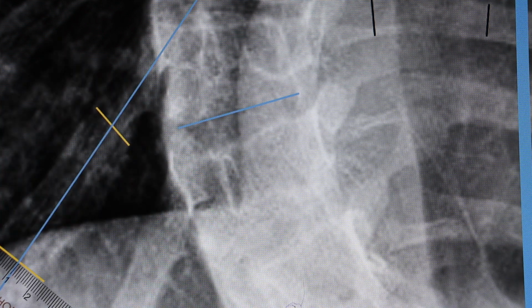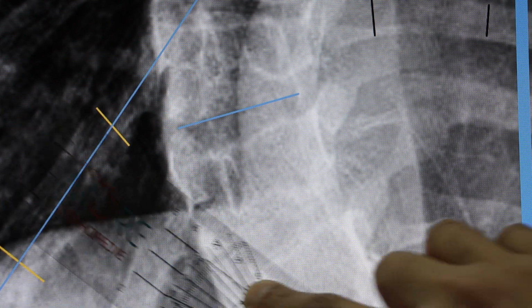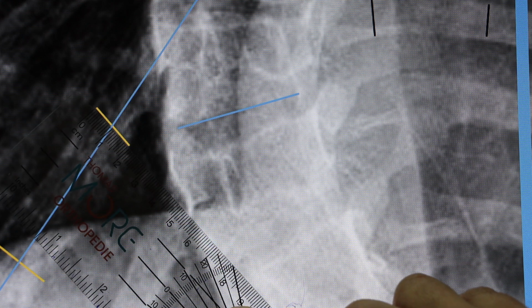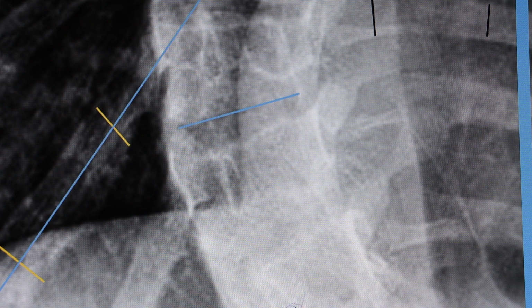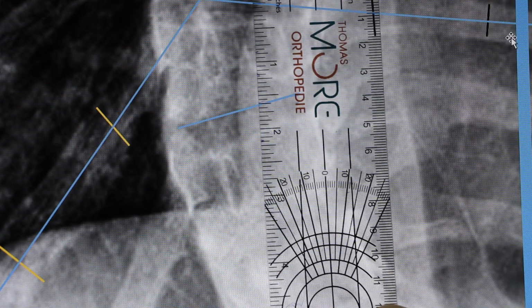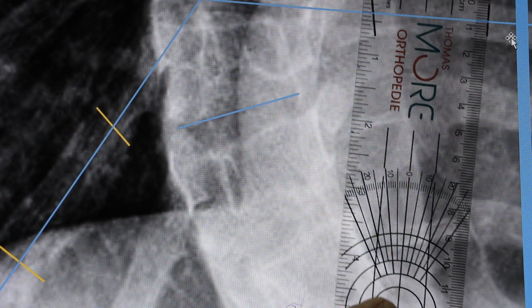Let's check our measurements. Okay, so this is good. And now again another line. Good.